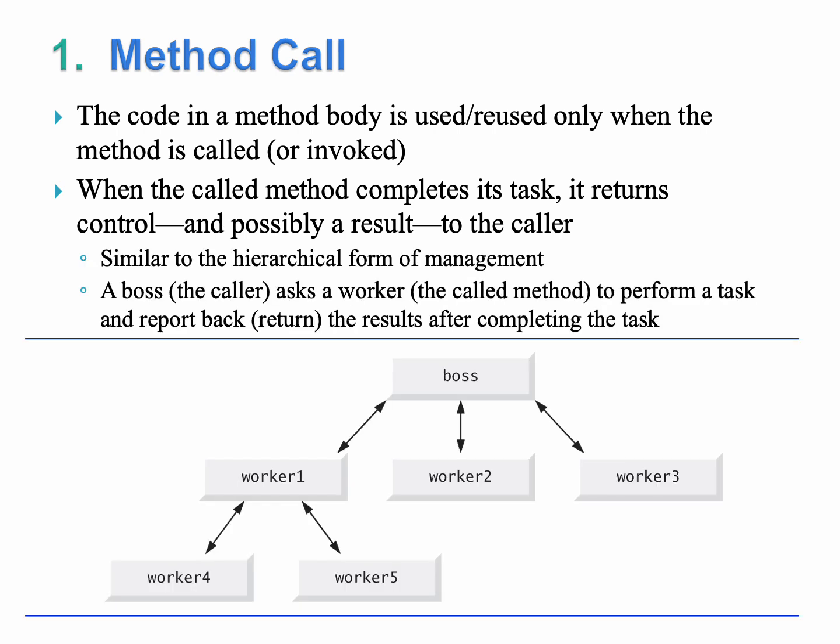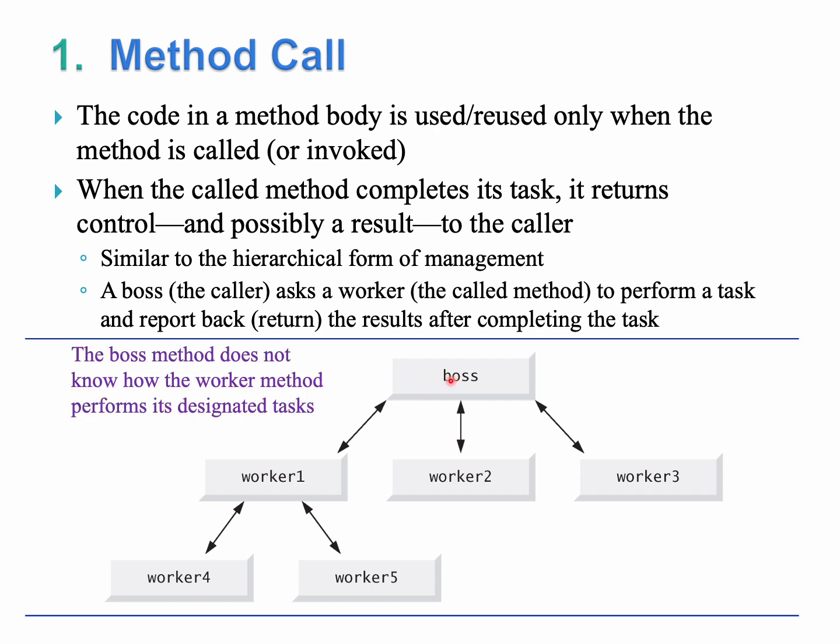This is similar to the hierarchical form of management. In that form, a boss, which is a caller, asks a worker, which is the called method, to perform a task and report back or return the results after completing the task to the boss.